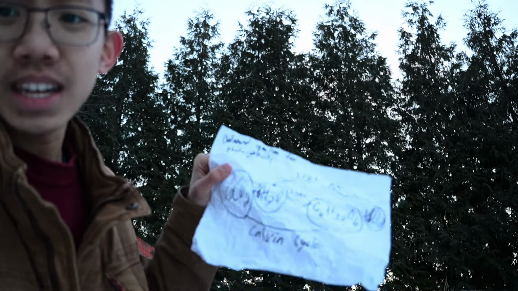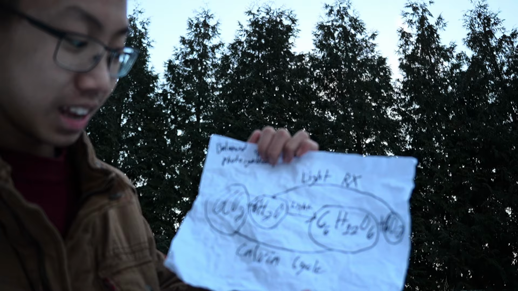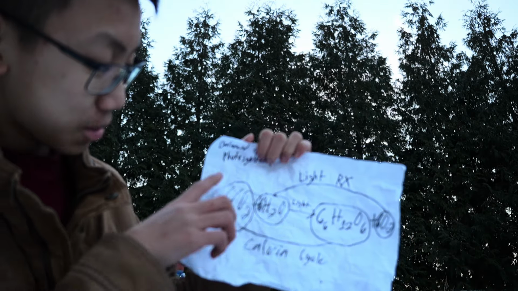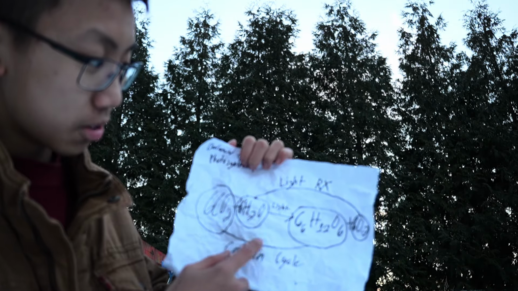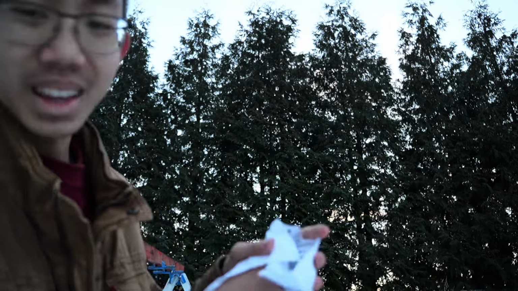It also creates NADPH and ATP, which are used in the Calvin cycle, which as we see is carbon. Then it goes over here and creates glucose using PGAL. So that's the end of photosynthesis. Now really onto cellular respiration.